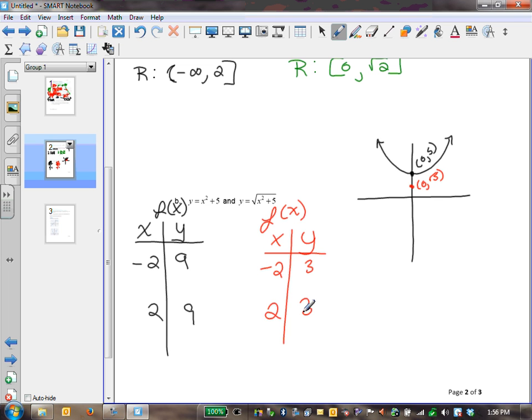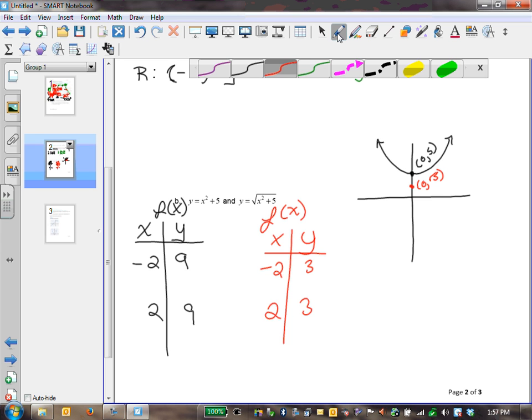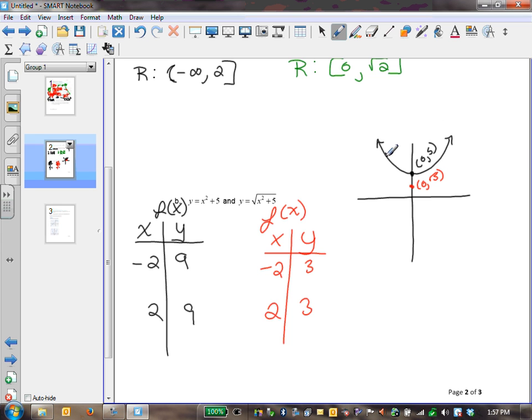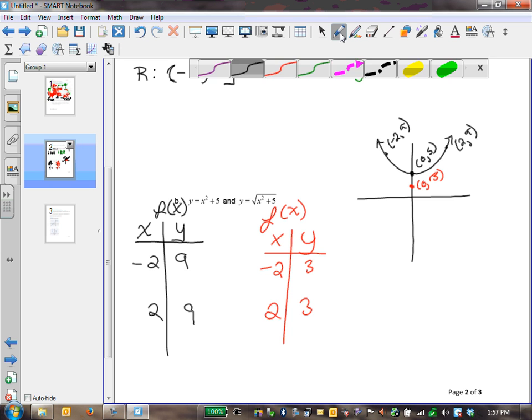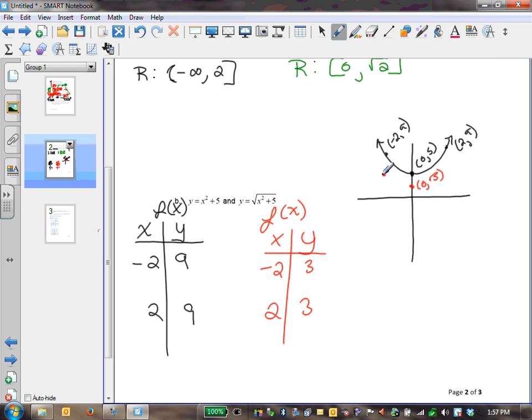So now, the black dots: this point here is -2 and 9, and this one here is +2 and 9. Just doing rough sketches here, people. This is not perfect. So now, at -2, where am I? I'm here. At +2, I'm at 3. So what kind of graph am I getting? It's much wider.